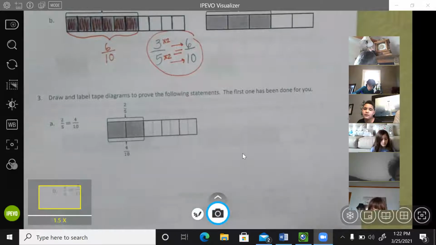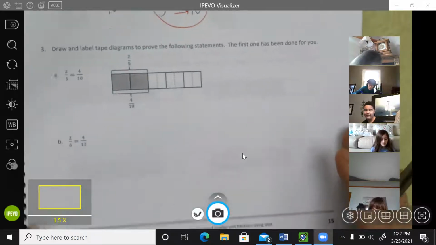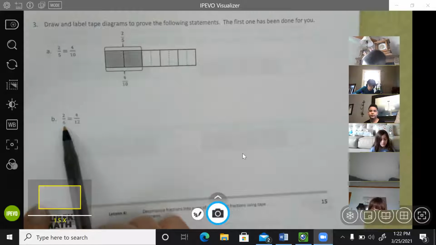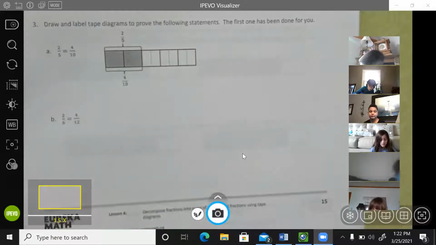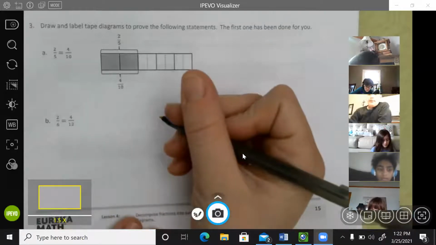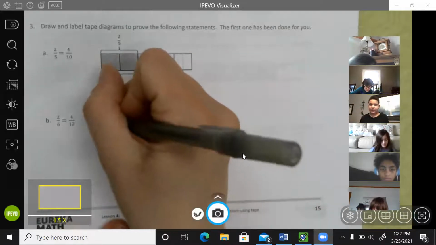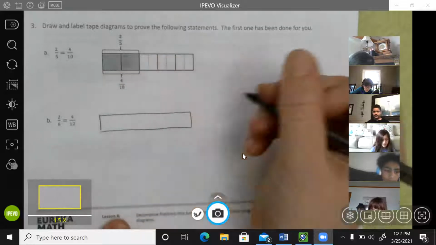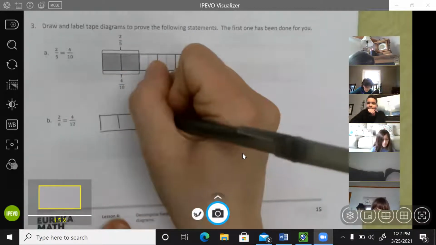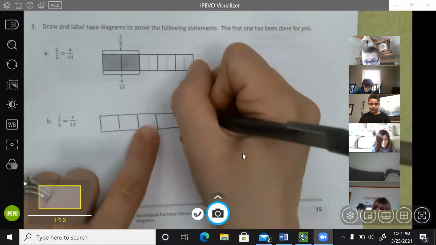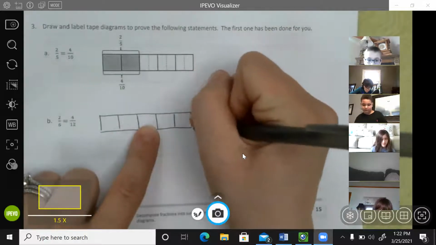Trace with a T, I want you to go ahead and we're going to look at letter B. You're going to help me draw the fraction 2/6. What would I do to draw 2/6? A box with 6 of them. Okay, so I'm going to draw a tape diagram, and as best as I can, I'm going to break it up into 6 equal parts. 1, 2, 3, 4, 5, 6.